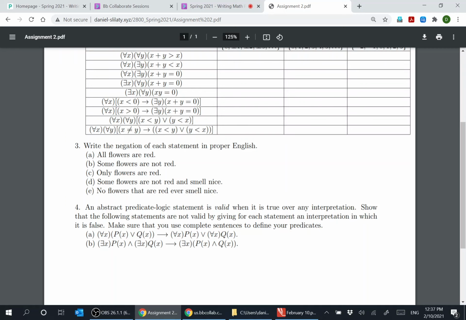There would be no P or Q. Well, that would make this false. That's got to be true. Everything in the domain must be something that is a P or something that is a Q.